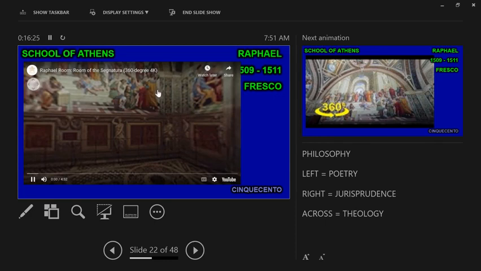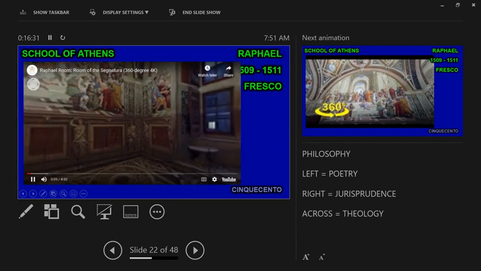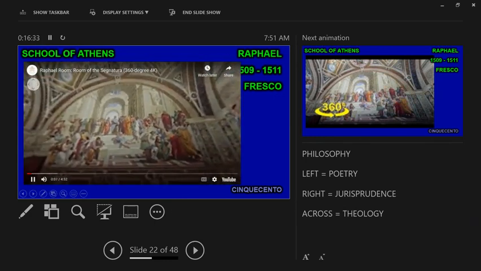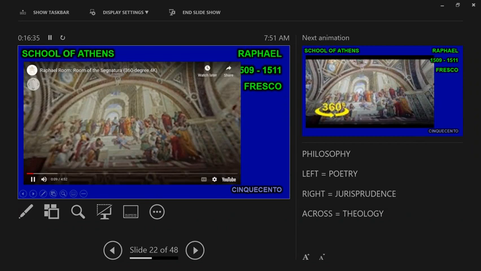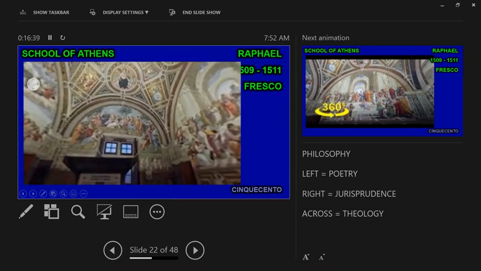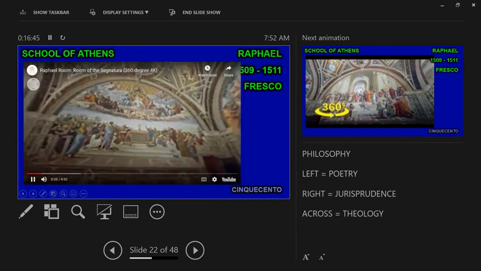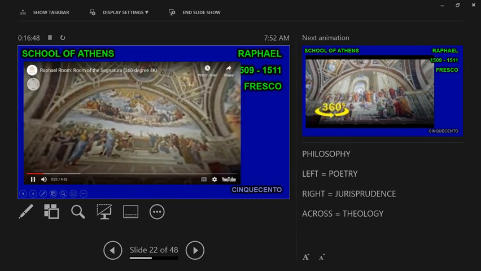So this is just a 3D version. Come on. All right, so this is the artwork that we're going to look at, the School of Athens. And if we look to the left, that is the mural for poetry. And if we look facing the School of Athens, that is the mural for theology.